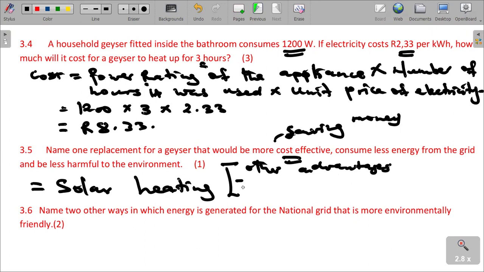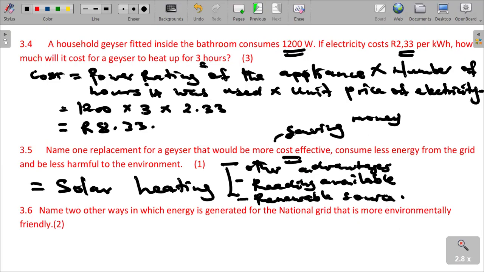It is also readily available. That is one other advantage that we can have, always. And it is also a renewable source of energy. So these are additional points.